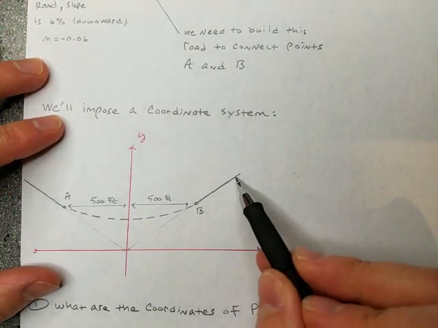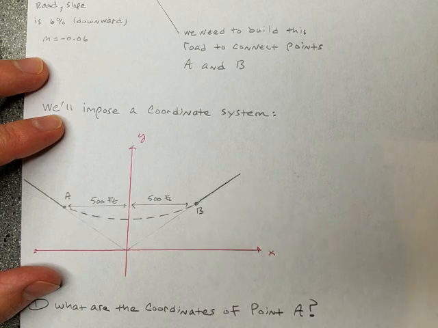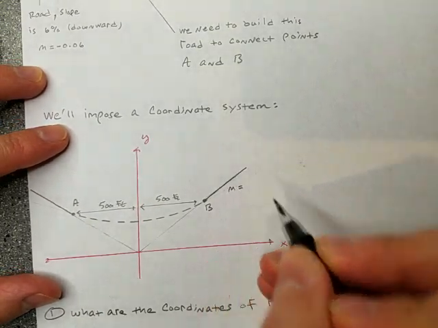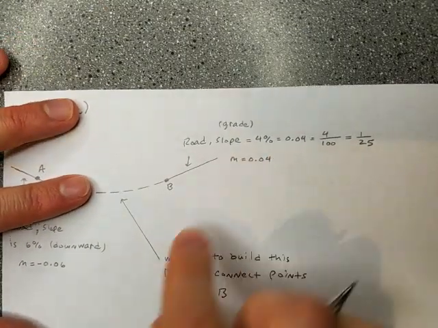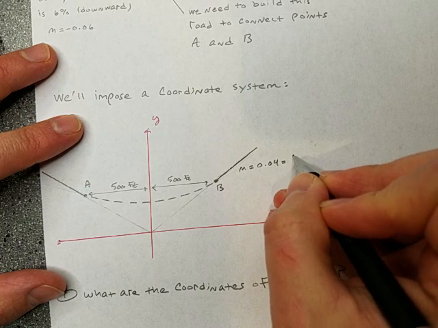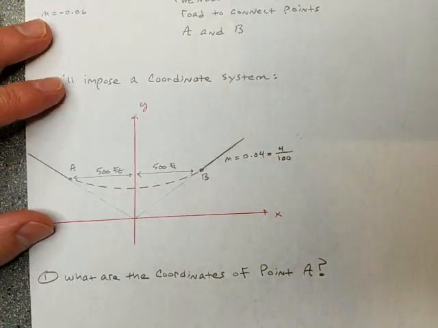What do you know about that point on this road, or the line that it's on? The slope of this one was what? We said it had a 4% grade, so the slope is 0.04, or 4 out of 100. And what about this one?